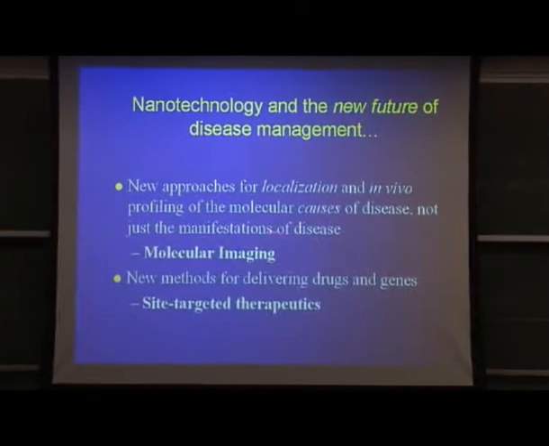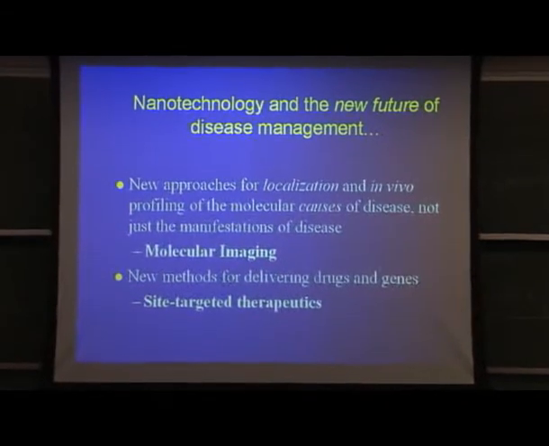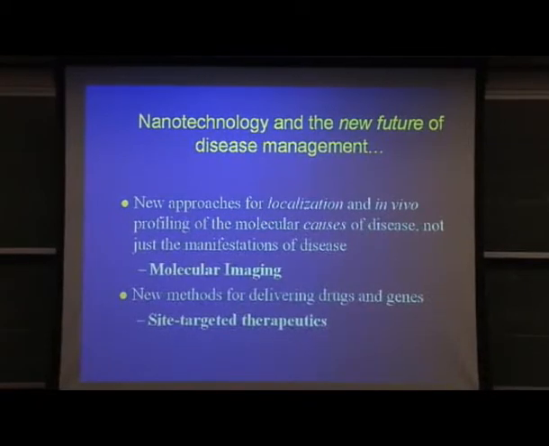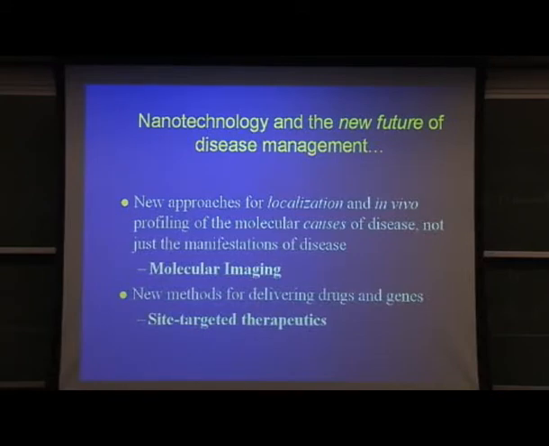Having done this molecular imaging trick, knowing what's there, now we can make a good guess as to what therapy we should use. Then we put it on the actual imaging agent, and we target that back to this site, and then we can deliver that. And so imaging, and then therapy, and then follow-up is what this business is all about.